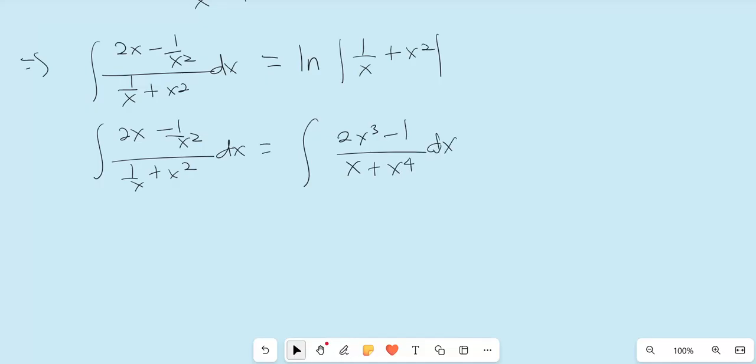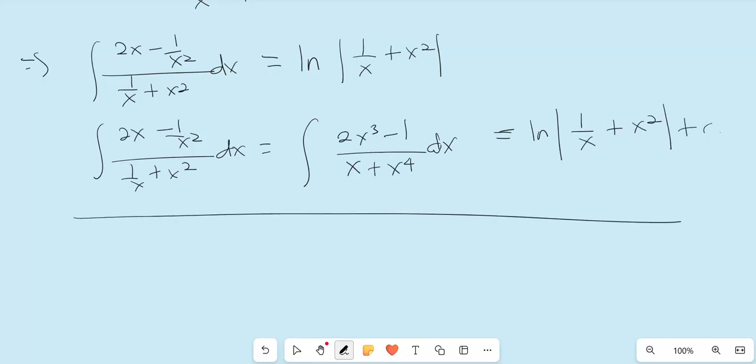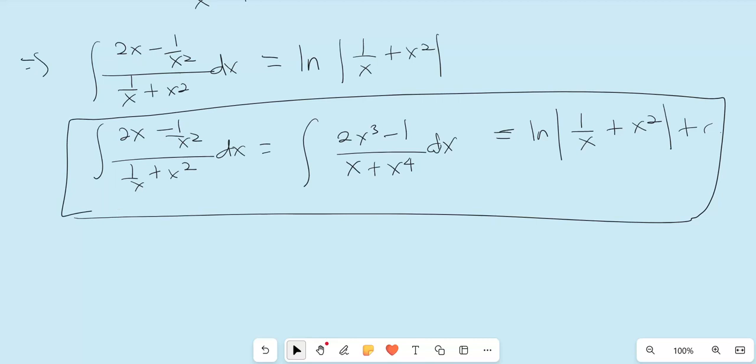These are the same, and the answer to that is the natural logarithm of the absolute value of 1 over x plus x squared plus the constant of integration. So this is our final answer.